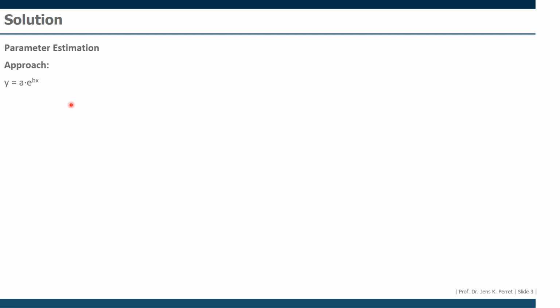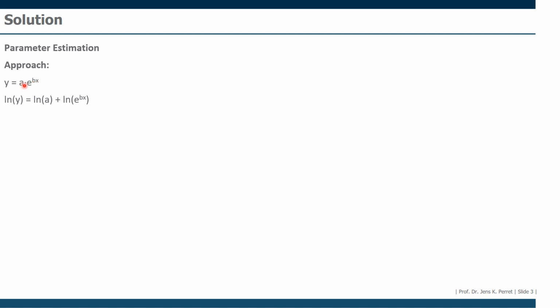In particular, since this is the exponential function, that's e, the Euler number, I'm going to use the natural logarithm, ln. So if I apply this on both sides, I get ln of y, and on the right I get ln of a times e to the power bx.